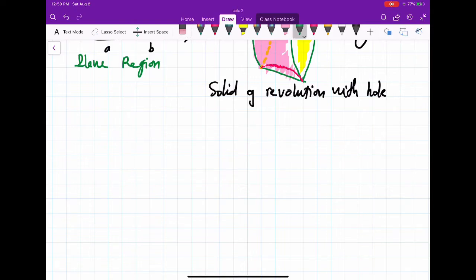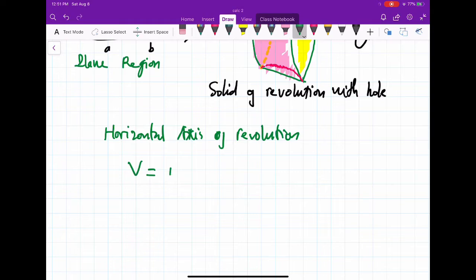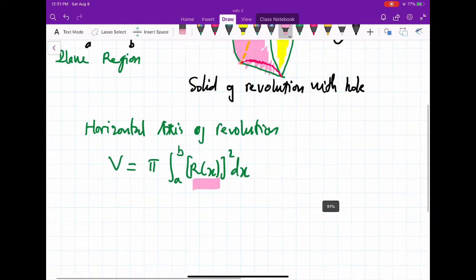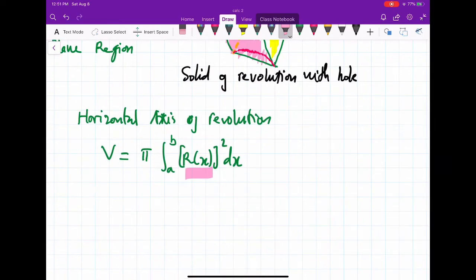It really depends on how we rotate our object, right? So if you have a horizontal axis of revolution, then the formula of the volume is V equals pi integral from a to b of R(x) squared dx. So we have R(x) in here, and the picture looks like this.